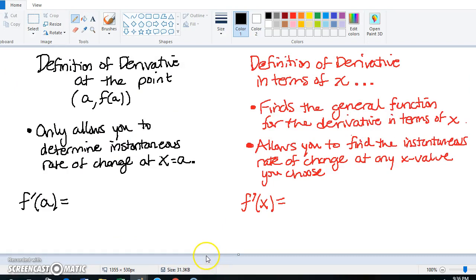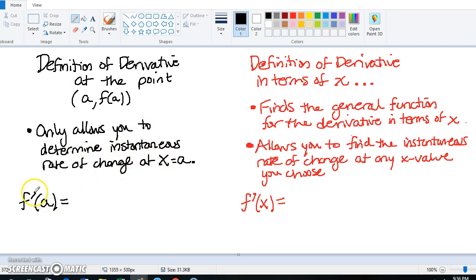Okay, coming back to the derivative function. So you have learned the derivative at a point, f prime of a. This only allows you to determine the instantaneous rate of change at x equals a.